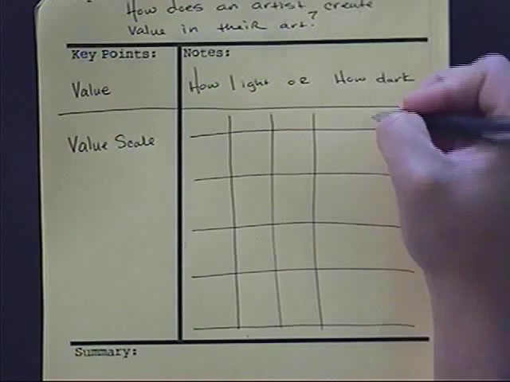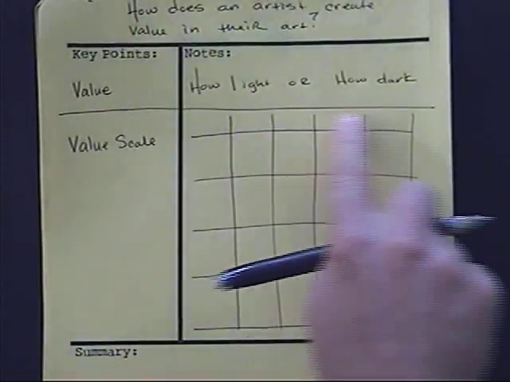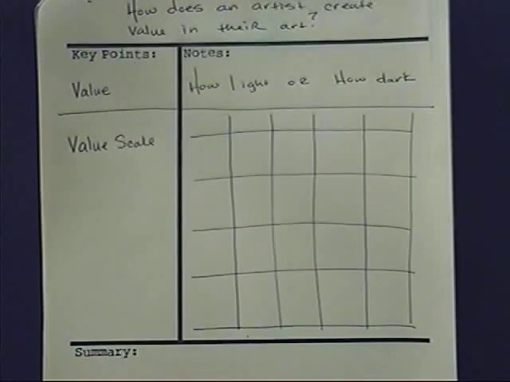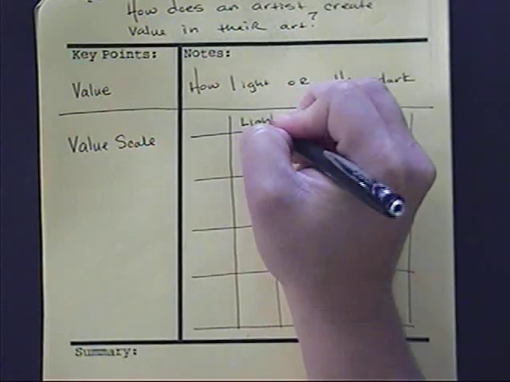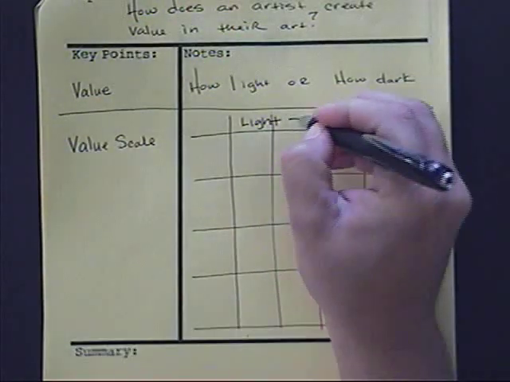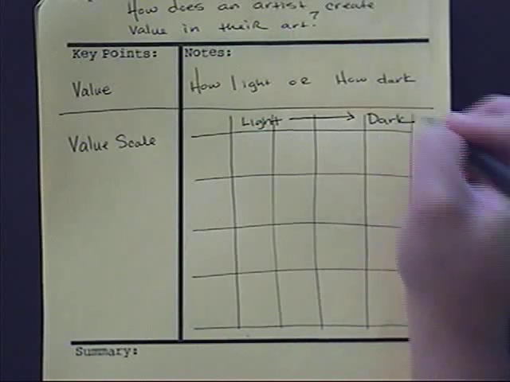Notice I'm making a little bit of a graph, so my lines are going over the top and over the side. And over here, we're going to create the lightest values, bringing it all the way to the darkest values.